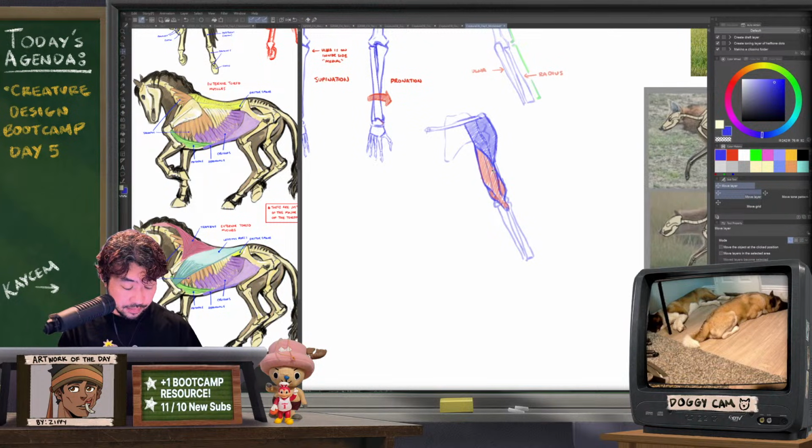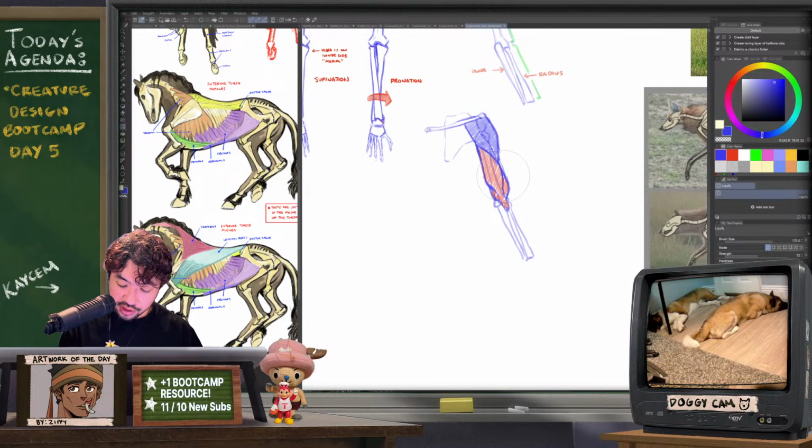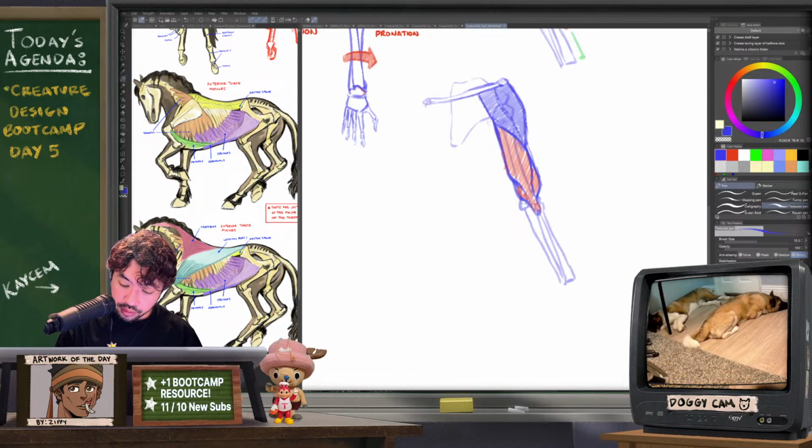You won't actually see it because I realized that the rotation here, see, this is why it's important to pay attention to the rotation. The rotation here of the arm is actually facing outwards. So instead, we will actually see the triceps from the inner side right here, connecting there.